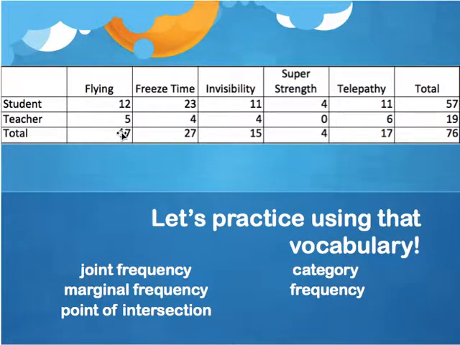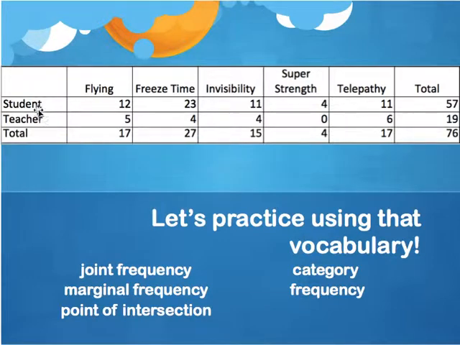I can tell you that this number right here, 17, is a marginal frequency because it is a total of a column. I can tell you that number 19 over here is a marginal frequency because it's a total of a row, just adding up all of the numbers here. I can tell you the points of intersection are going to be your joint frequencies.